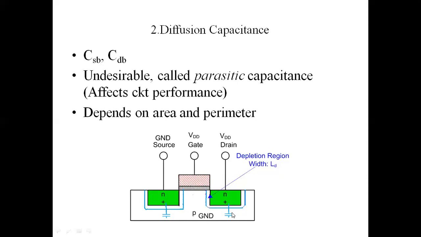And the second capacitance is called CDB, the capacitance present between the drain and the body. So the source and drain regions give the diffusion capacitance with respect to the body region, which is made up of p-type material.